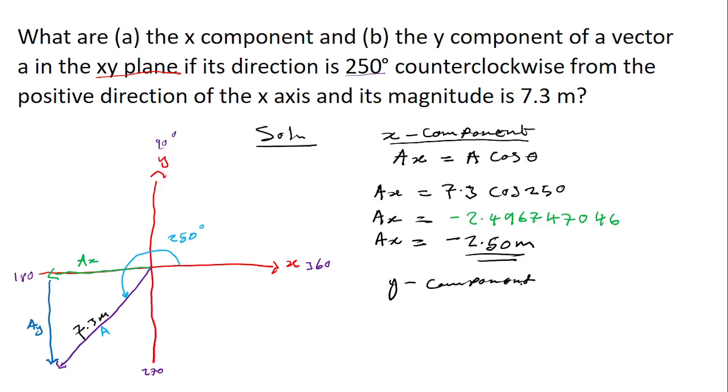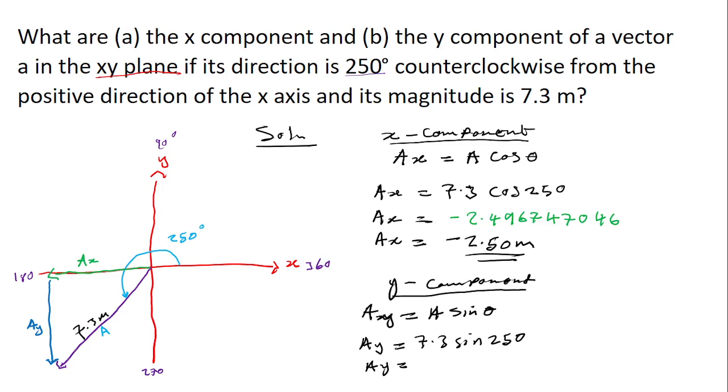So for the y component, we are going to use the formula whereby we say ay is simply equal to a sin theta, of which theta is just the angle which has been given. So ay in this case, a is 7.3, and then sin 250, and then ay will be equal to, so if we plug that on our calculator, what are you guys finding that side?